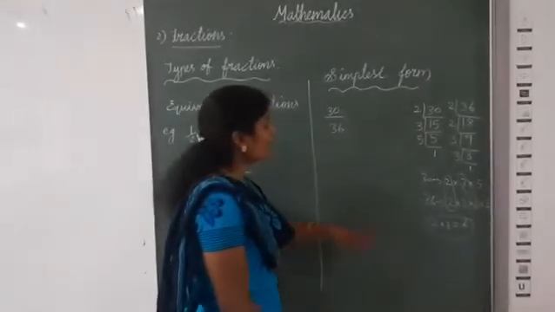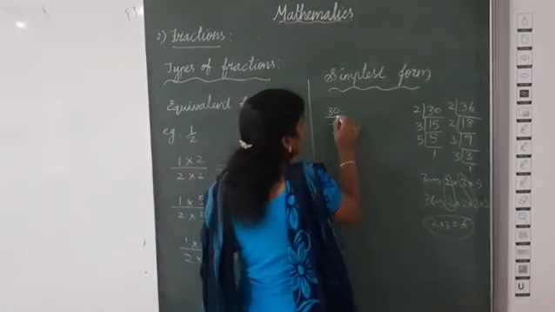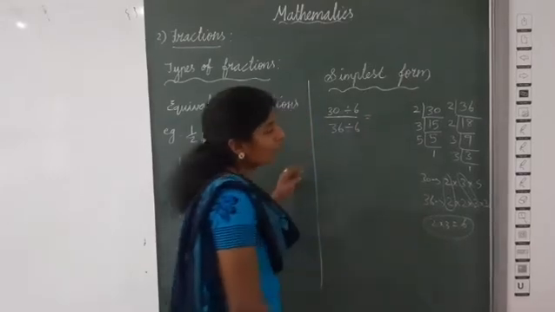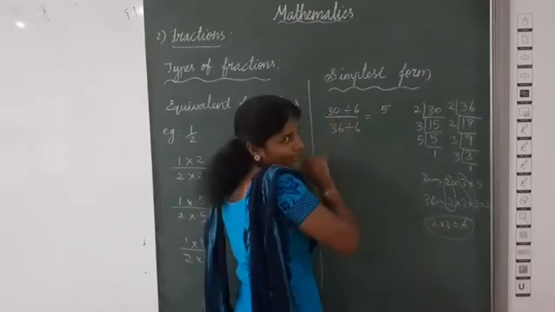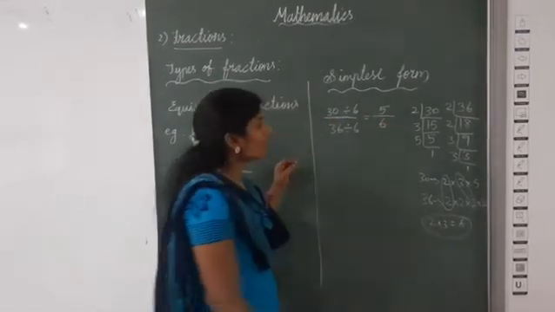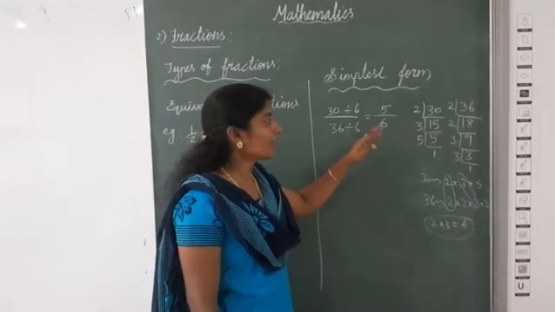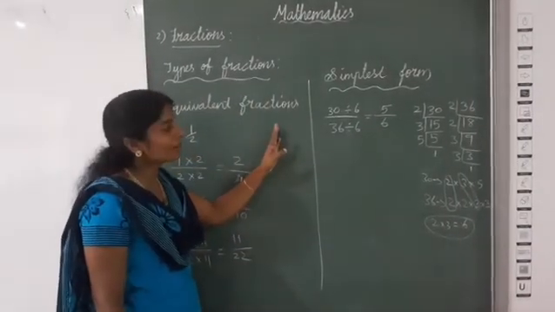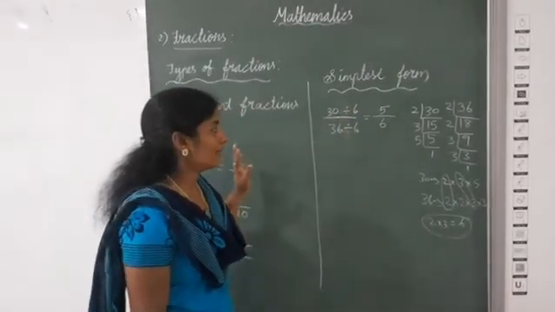So we can divide by 6 in the numerator and the denominator. 30 divided by 6 is equal to 5. 36 divided by 6 is equal to 6. What is the simplest form of 30 by 36? 5 by 6 is the simplest form. Clear what is the simplest form? We divide by the common factors in the numerator and the denominator.